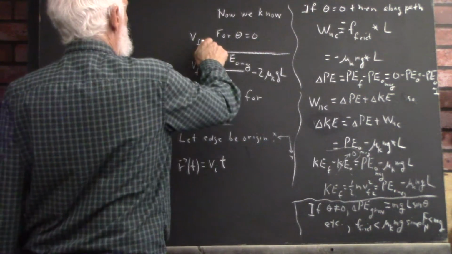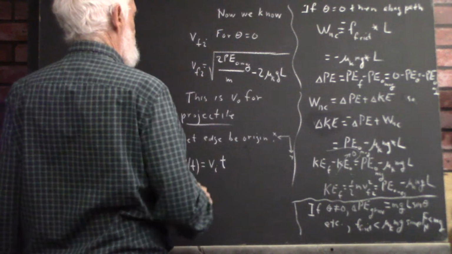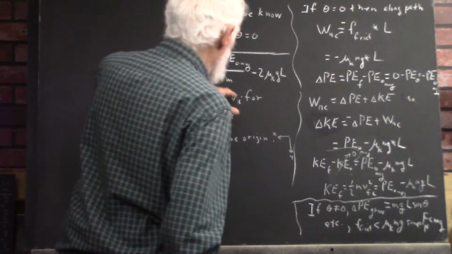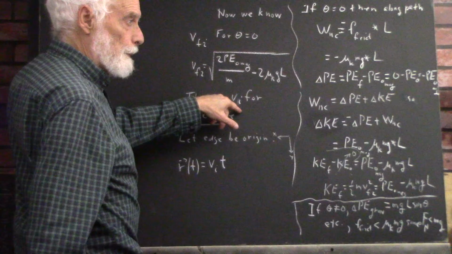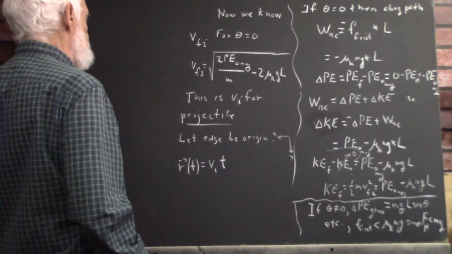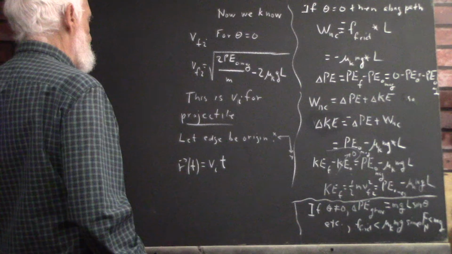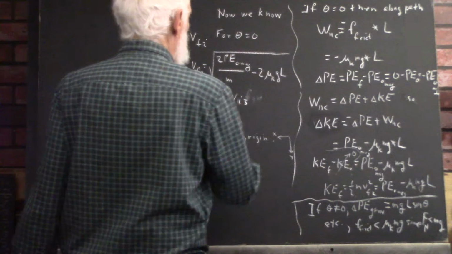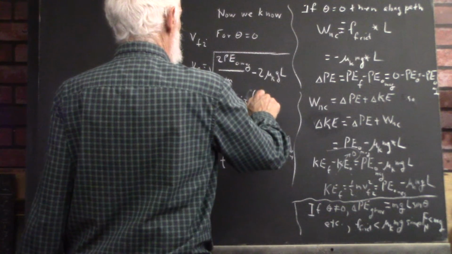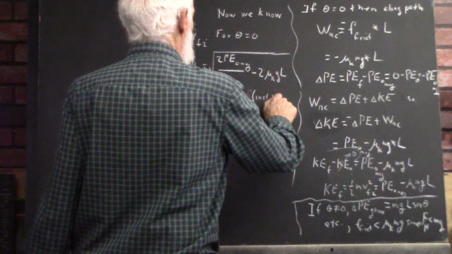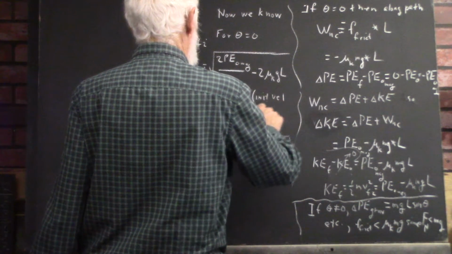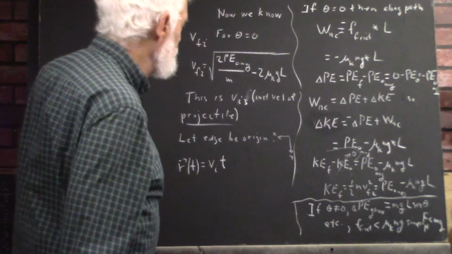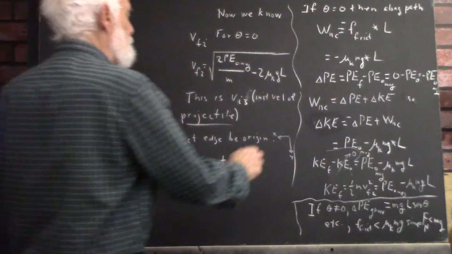And I'll use V sub I instead of V0 for the projectile. I'm even going to change that. I'm going to call that VI3. Initial velocity of the projectile, or actually initial speed.